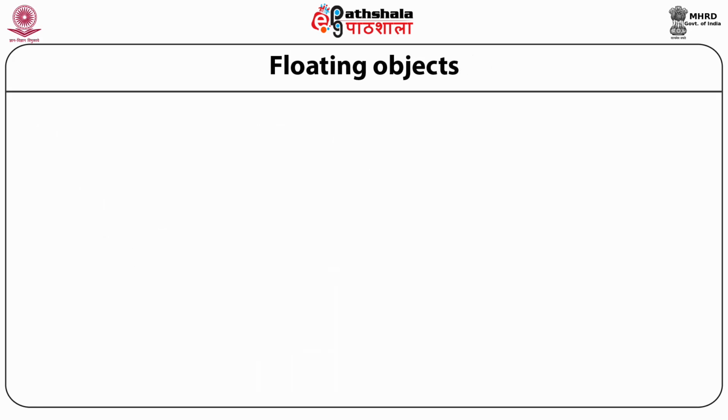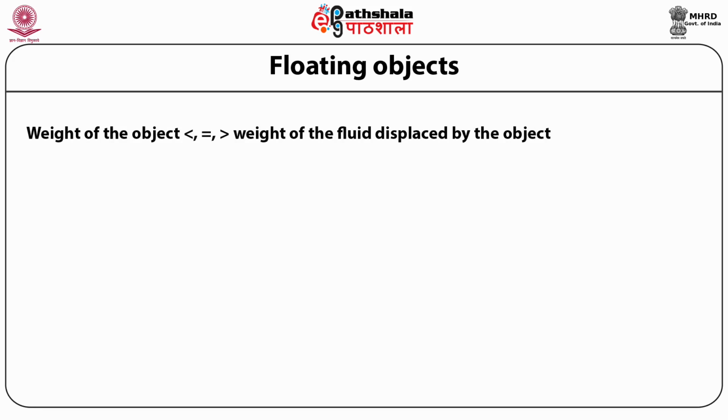So the concept we learn is that whether objects float in a fluid, drop down, or float on the surface of the liquid, it all depends on the difference between the density of the object and the liquid.